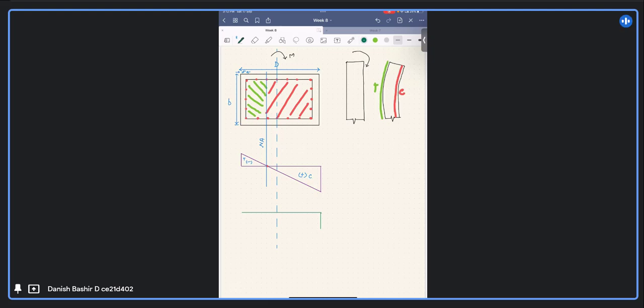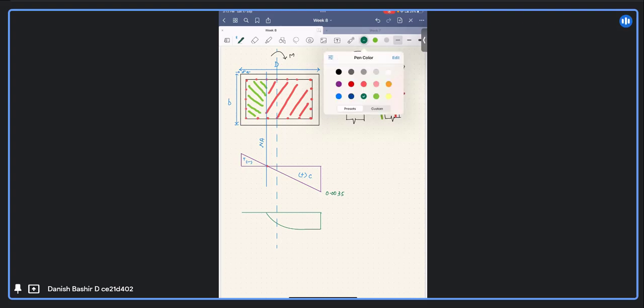We take the maximum strain in the most compressed fiber as 0.0035. So the stress block will be also the same way. It will be straight rectangular for a part, and then it will have a parabolic variation up to our neutral axis depth, because after that we have to ignore the concrete which is in tension. These are the basic assumptions of flexure.